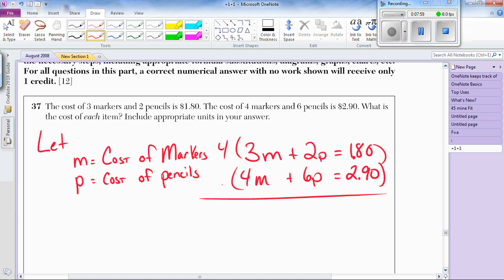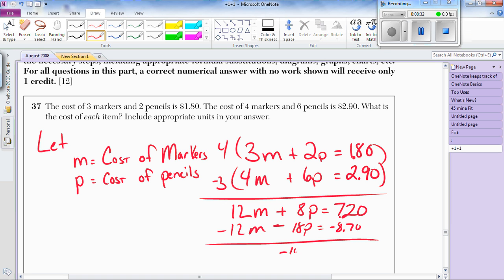Put 4 here, negative 3 here. I get 12m plus 8p equals 720, and negative 12m minus 18p equals negative 870.